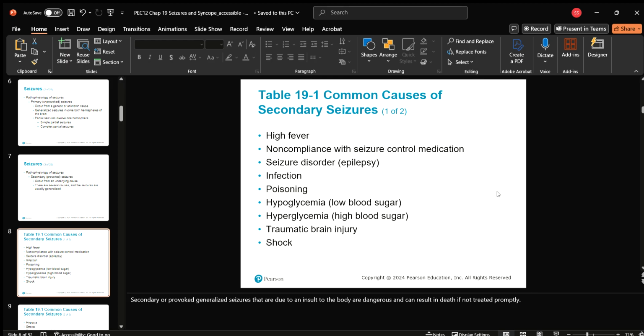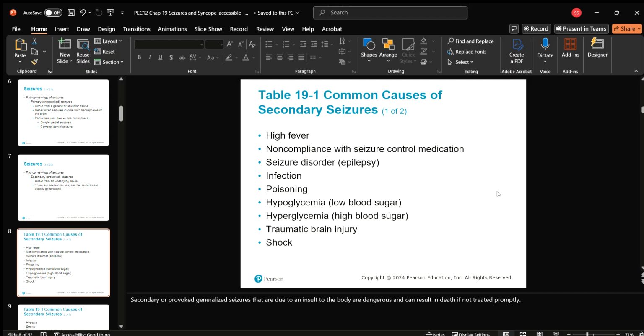All right, so common causes like we were talking about, high fever. Those are called febrile seizures. We see those in children often. But it can also occur in other medical causes like heat stroke. Heat stroke can be another reason that we have a seizure. Non-compliance of seizure medication.